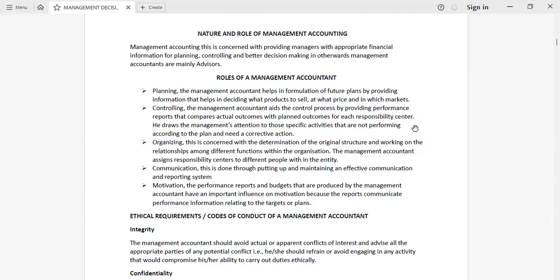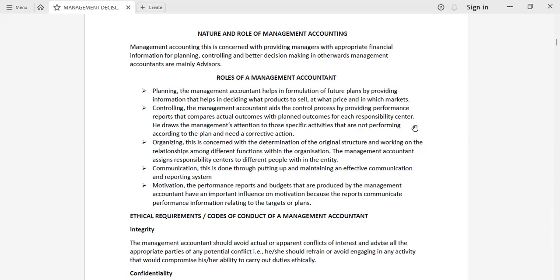So that's basically the role of a management accountant. Not just reading the reports that have been presented by different managers within the organization, but also making sure that you are providing appropriate advice, so long as you have understood the problem.